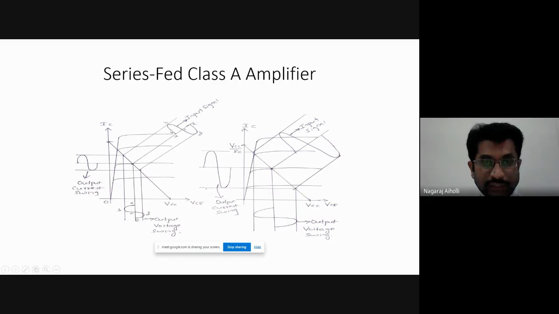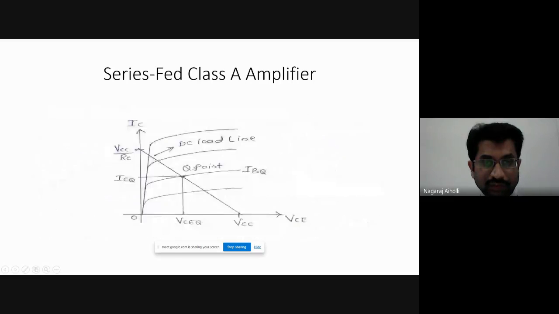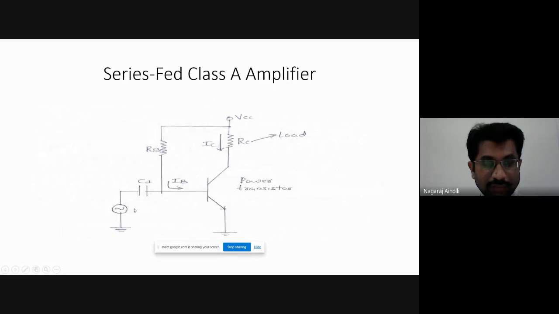That is my input signal, because the input signal is the signal applied to the base terminal. If you look into this circuit, the signal which is applied to the base terminal is the input signal. It is IB.